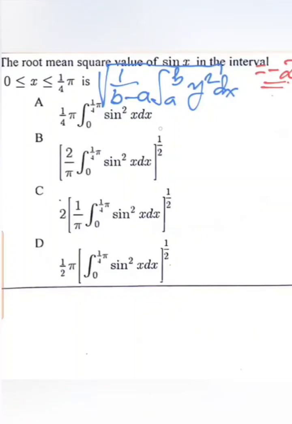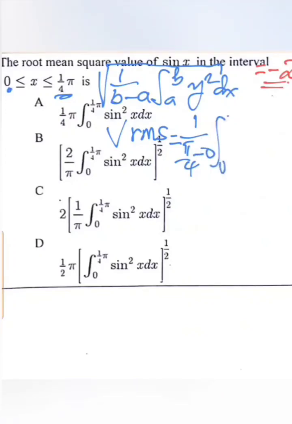Applying the formula, we would have that the root mean square value should be equal to 1 all over the upper limit, which is pi on 4, minus the lower limit, which is 0, integral from 0 to pi on 4 of the square of the function. The function is sine x, so sine squared x dx. And since we have to take the square root, it is simply all that to the power half.